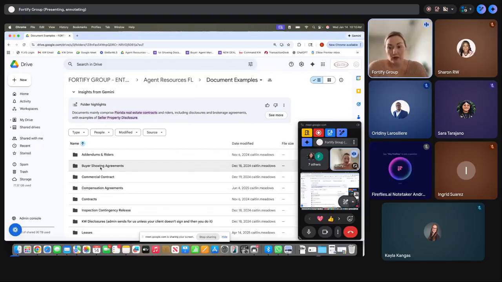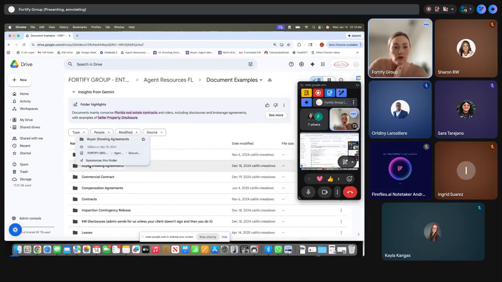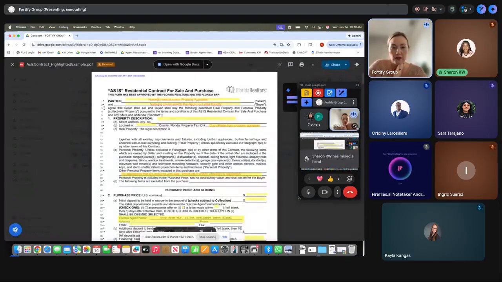It may not fit your buyer's needs, but at least we're going to be able to keep in mind the contract terms that might help your offer get accepted, because it doesn't always come down to the purchase price. So keep in mind, you have your document examples. We're always going to be using the as-is contract.